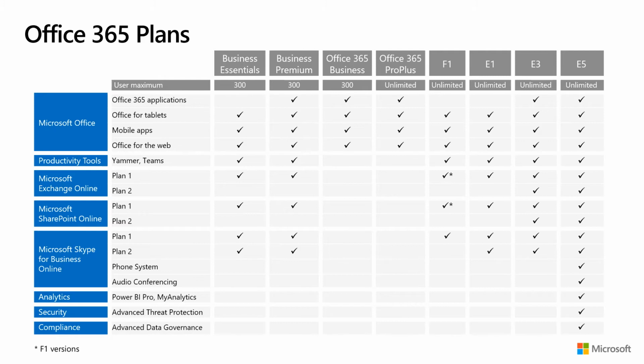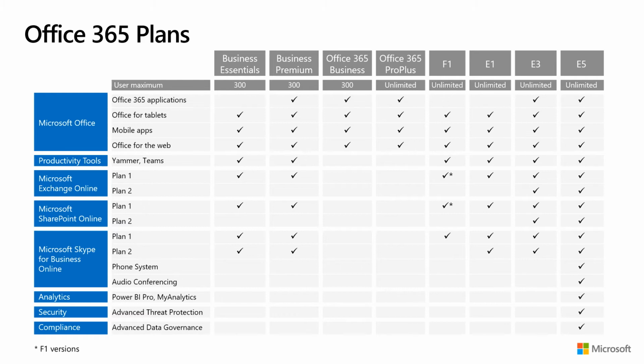You can see the difference between Business Essentials and Business Premium is whether you're allowed to install the Office apps on a PC. Then there are 2 licenses for all the different ways of licensing Office, and you can see that Office 365 Business is limited to 300 users, while Office 365 Pro Plus allows an unlimited number of licenses purchased for the same company. There are some differences in use rights between Office 365 Business and Office 365 Pro Plus too.